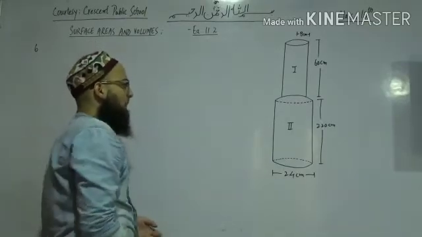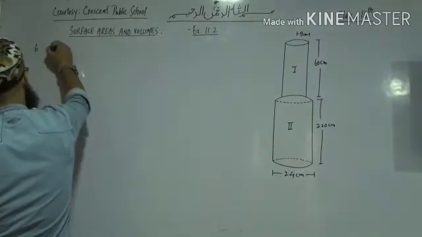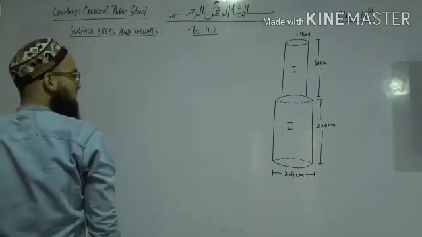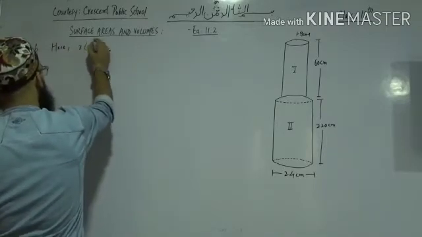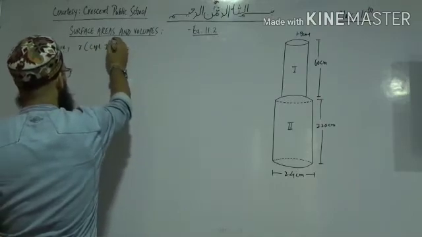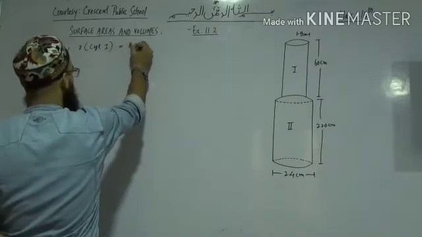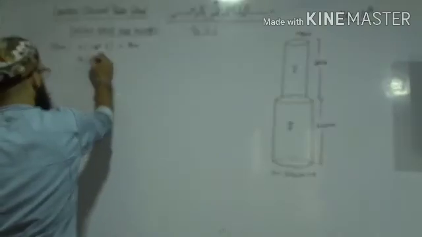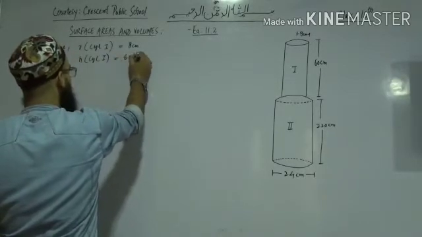So we go like this. Here the radius of cylinder 1 is equal to 8 centimeter and the height of cylinder 1 is equal to 60 centimeter.